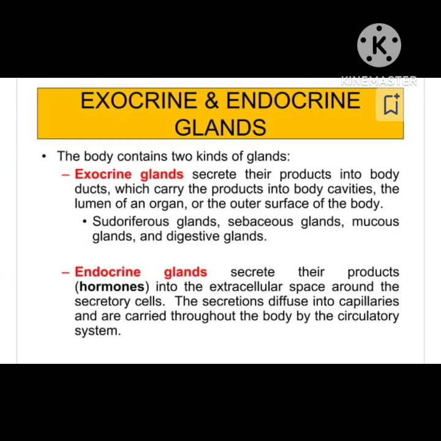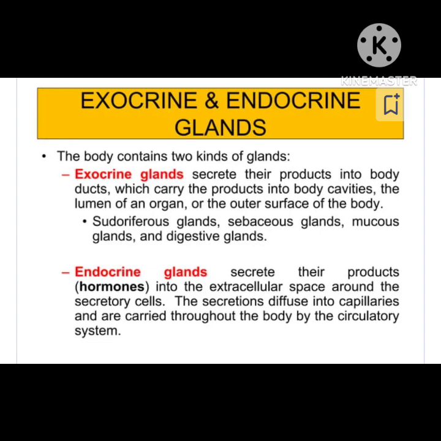One by one we will discuss the exocrine and endocrine glands. So what are the exocrine and endocrine glands? First, exocrine glands secrete their products into body ducts which carry products into body cavities, and they include sudoriferous glands, sebaceous glands, mucous glands, and digestive glands.